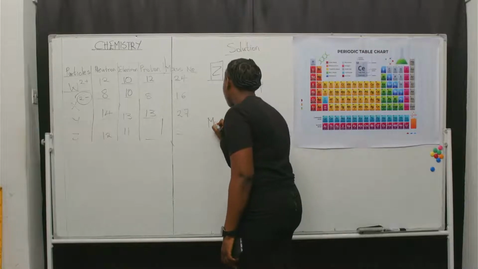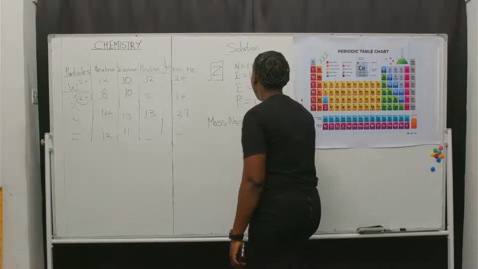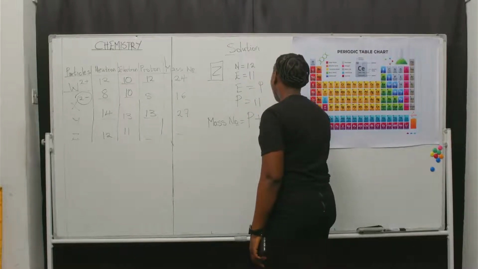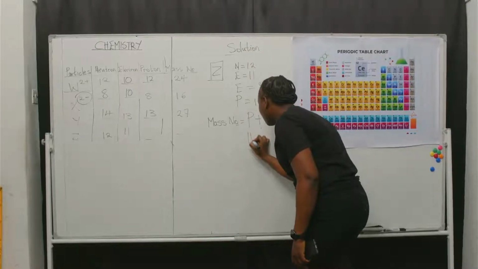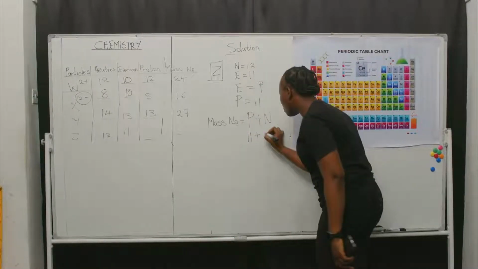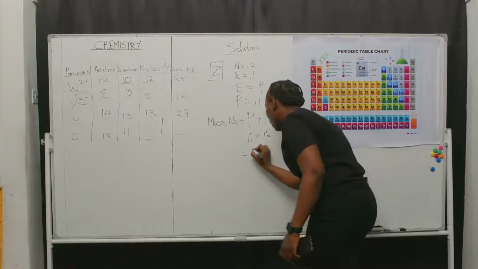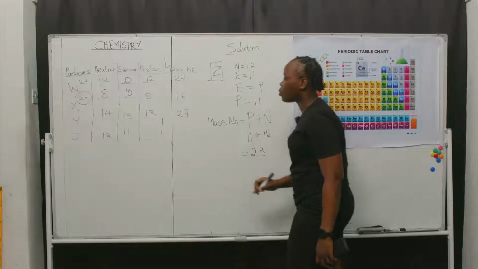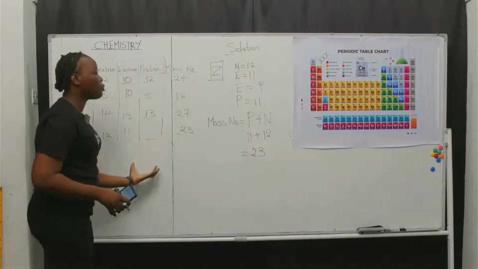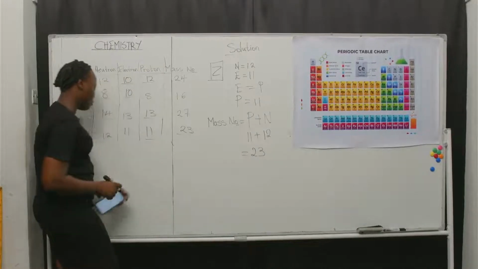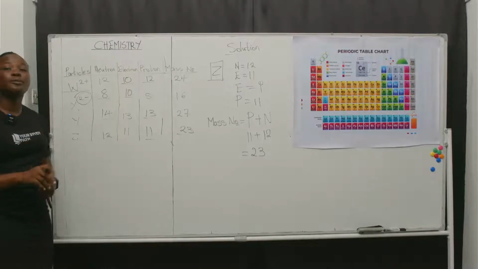So mass number is proton plus neutron. Proton number is 11. Neutron number is 12. 11 plus 12 will give 23. And so this is 23. And the proton number is 11. So we've completed the table. Let's move on to another concept.